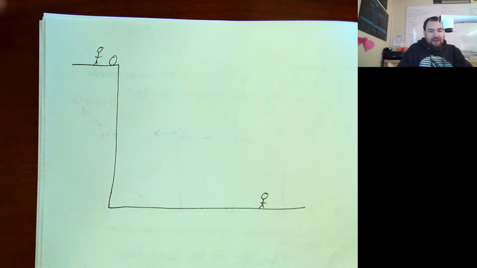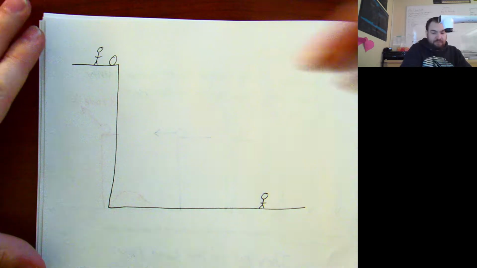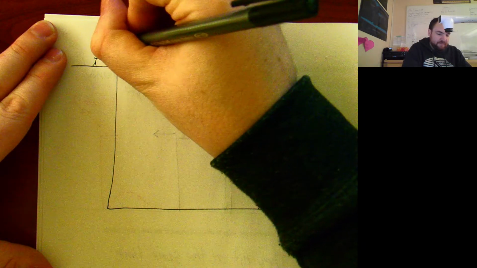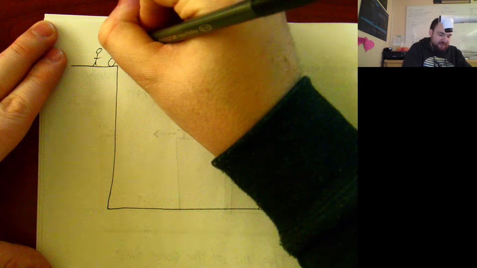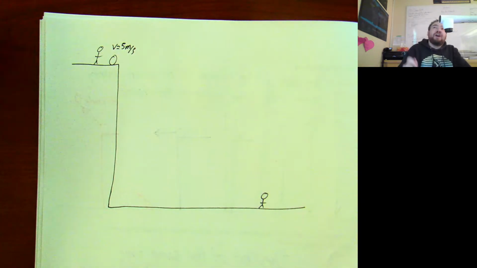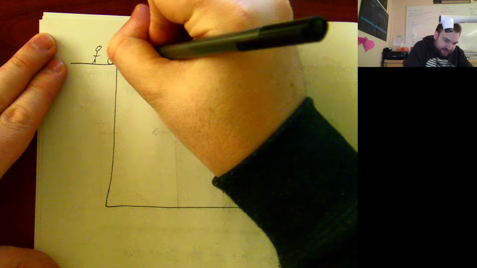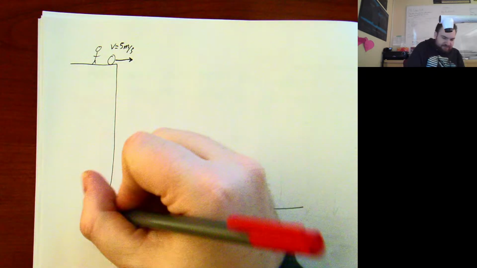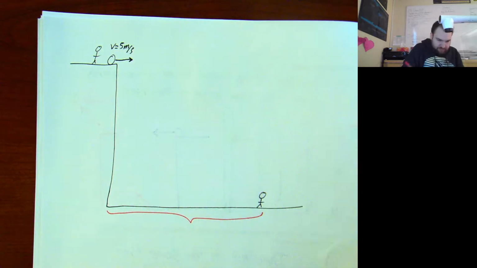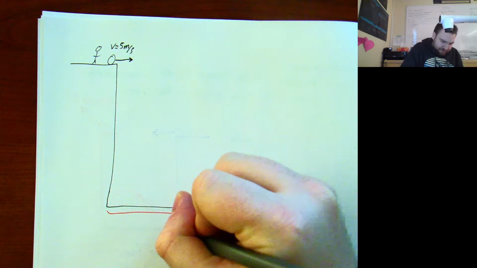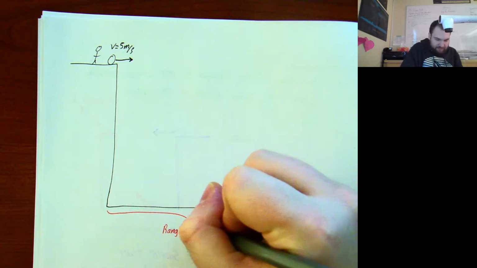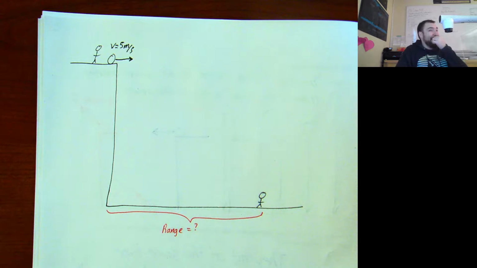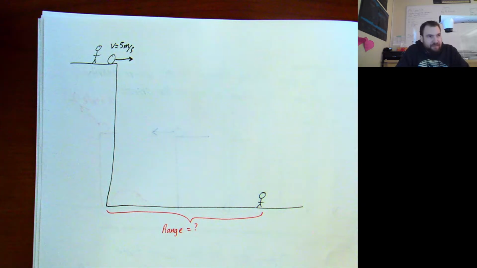You have somehow figured out that you are capable of kicking such that you're going to give the ball a velocity of 5 meters per second, perfectly horizontal. Somehow you're going to pull this off. And the question that we're going to try and find is, where should your friend stand so that the ball lands at their feet?